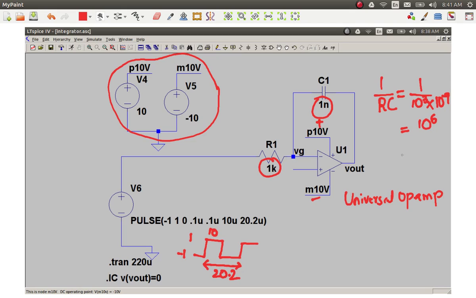I mean, it's not on for a long time, it's only on for 10 microseconds. So within one period we expect in that 10 microseconds, into 10 to the power of 6 volt per second, the micro and 10 power 6 cancel, so I should get a change of around 10 volts.